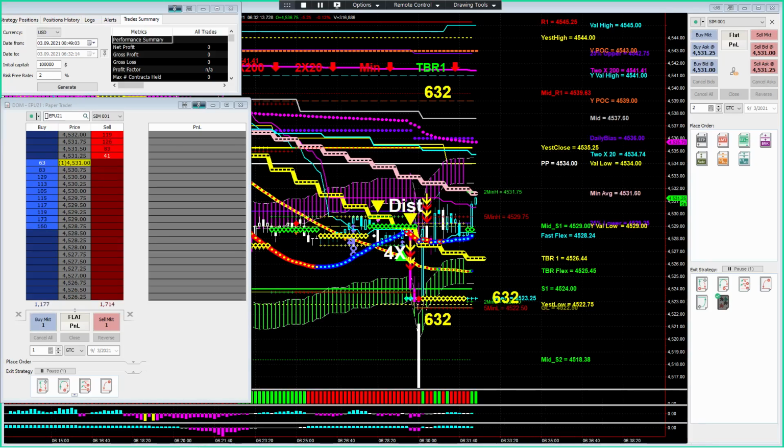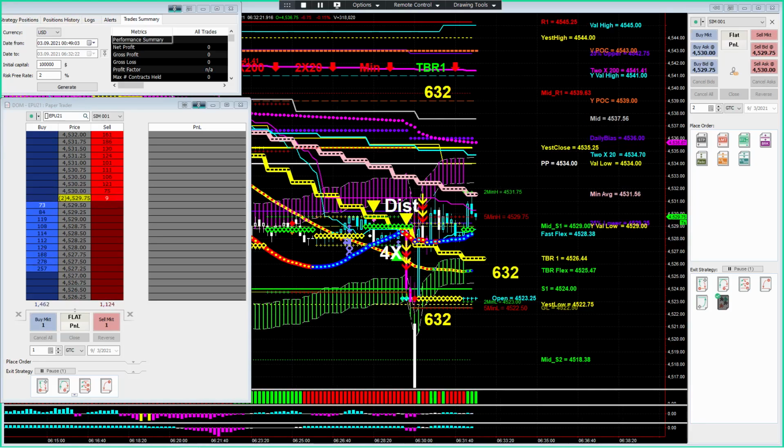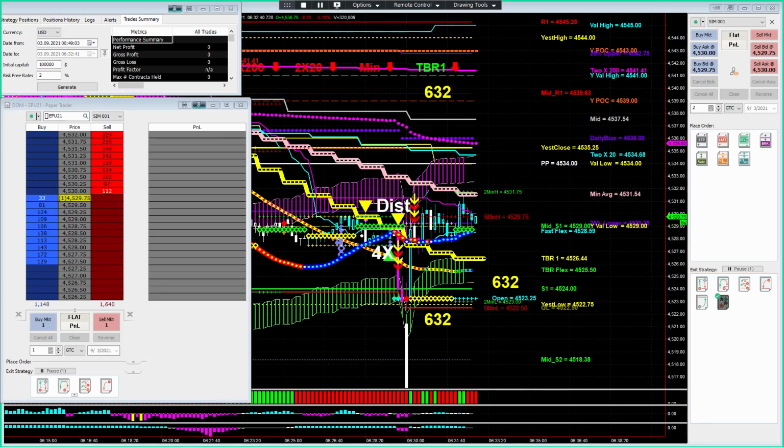Still no trades. We did hit the minute average though. See what it does with the 632 close. So for the 632, the 25% lower line is holding so far.